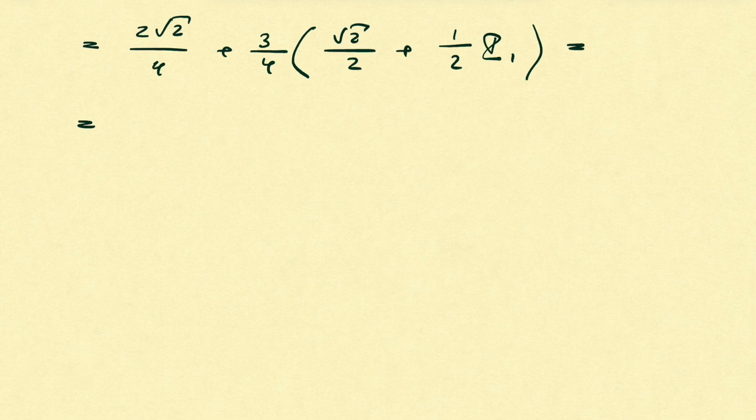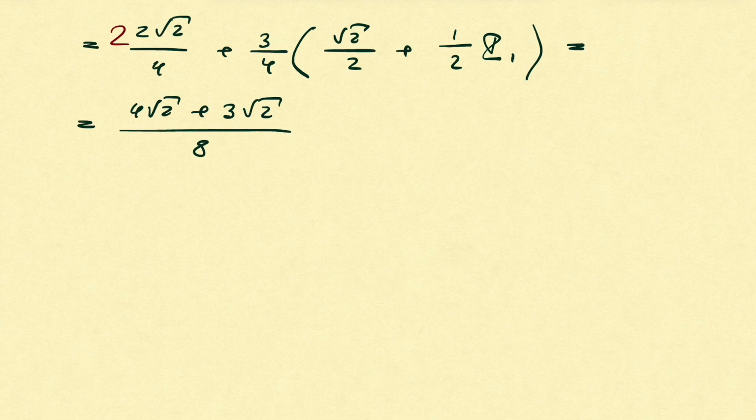In the end, let's just compute this directly here. If you have 8 here, it's 4 square root of 2 plus 3 square root of 2 over 8, right? I just multiply this by 2, and plus 3 over 8 I1.